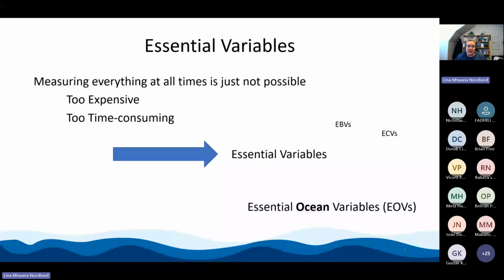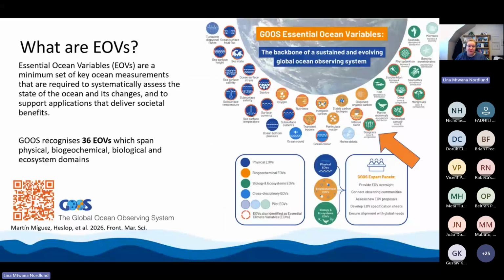The essential ocean variables are governed by GOOS, the Global Ocean Observing System. You can scan the code there if you want to read a quite newly published paper about the background of GOOS and essential ocean variables.